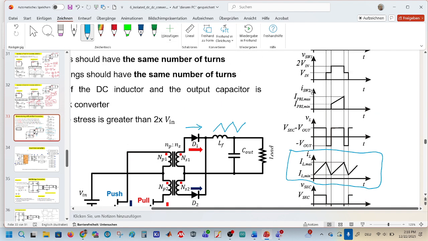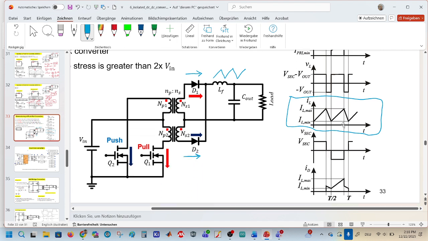Let's say this is the second switch. Switch is off, and here switch is on. And we have, okay, if the second switch is on, the current flows like that.